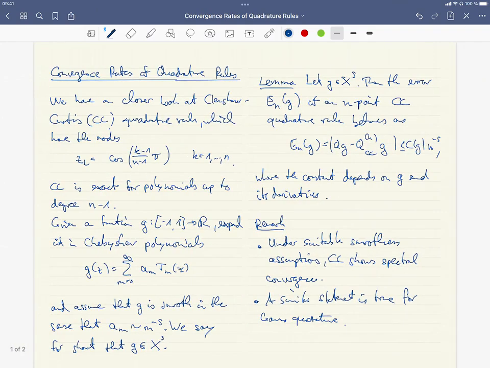So maybe this is a bit fast. I assume that I'm expanding my function, right? Then I apply my quadrature rule, and I subtract the real integral from it. And for each of these terms, if this is a polynomial of up to degree n minus 1, the error is 0.